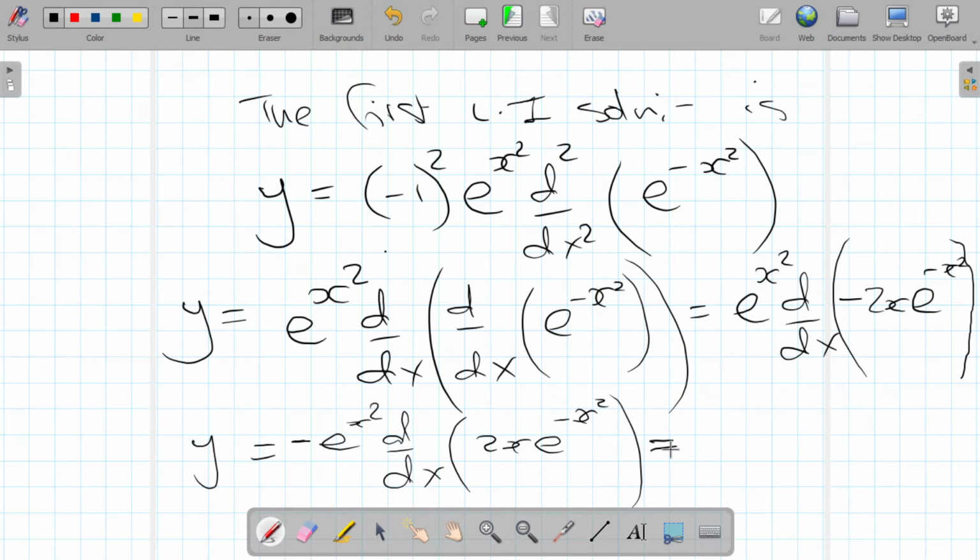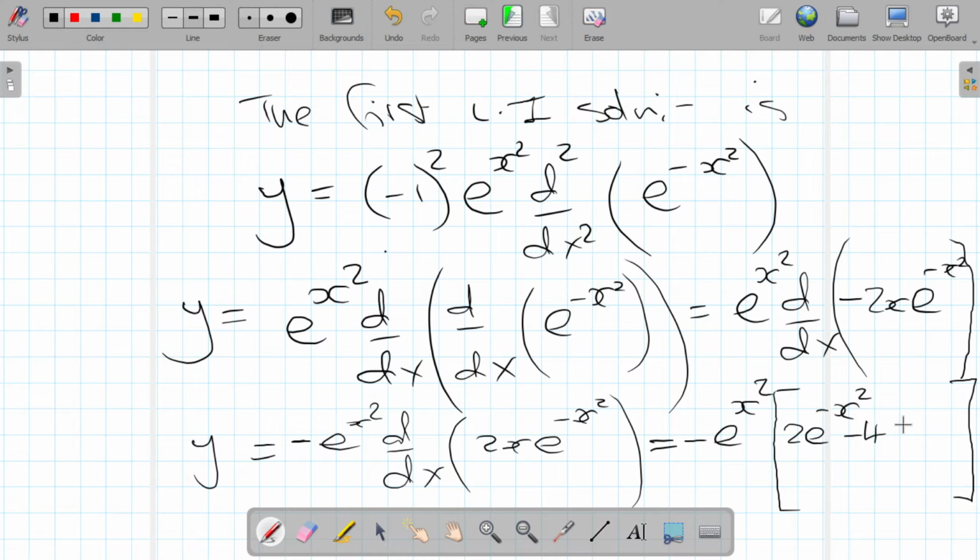If you do that second differentiation, d by dx of the term in brackets, we still have the minus e to the x squared on the outside of the brackets. So when we differentiate 2x e to the minus x squared, we get 2e to the minus x squared minus 4.